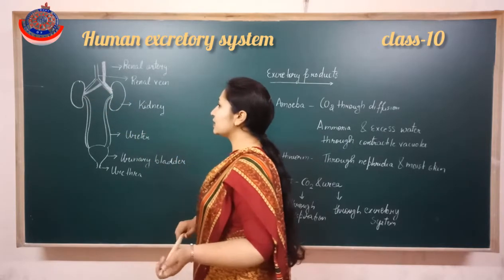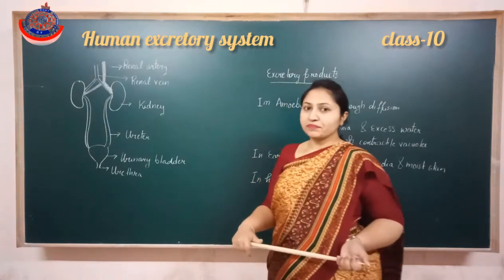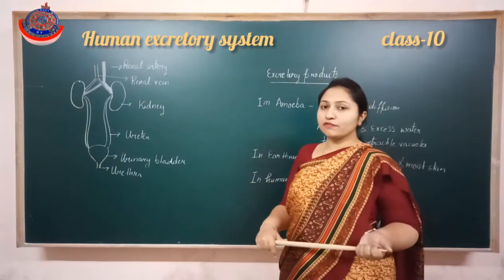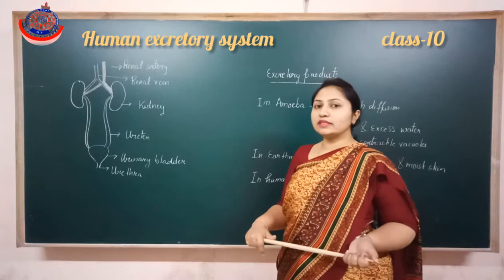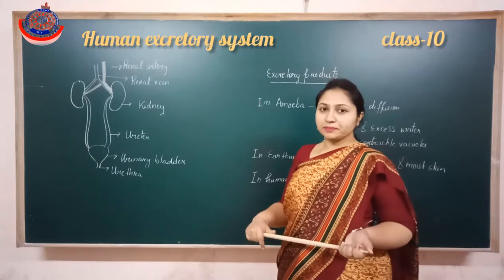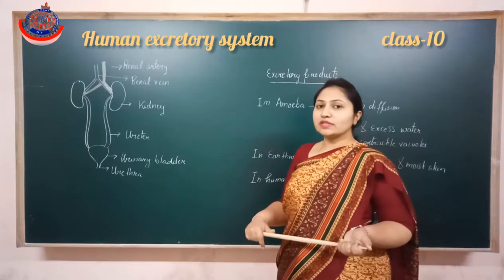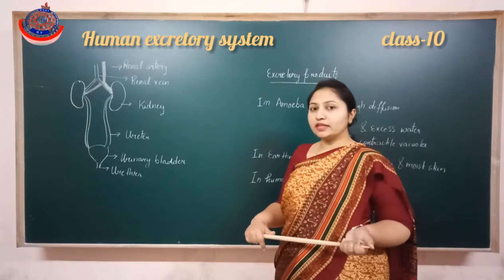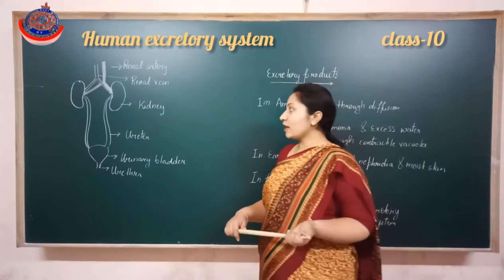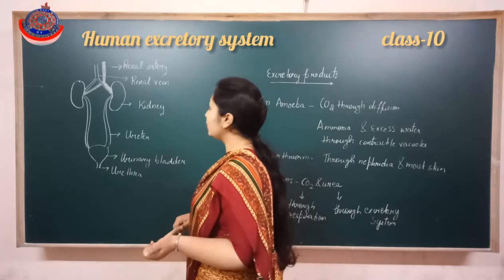The kidneys consist of millions of nephrons, which are also known as the excretory units. These nephrons are responsible for purifying the blood and for the formation of urine.